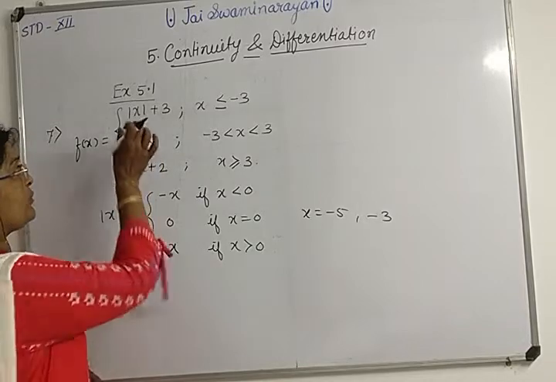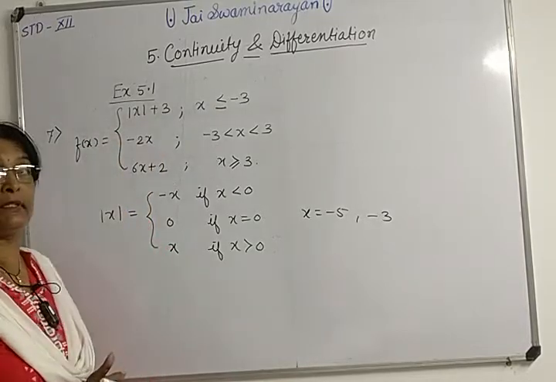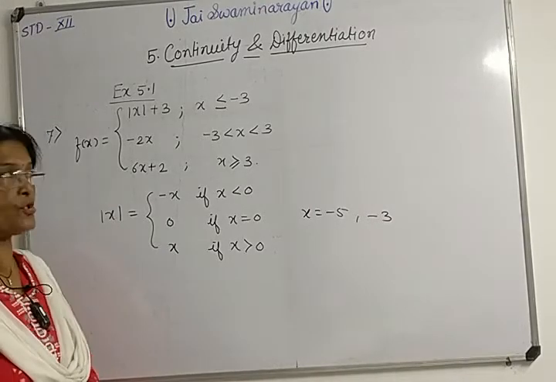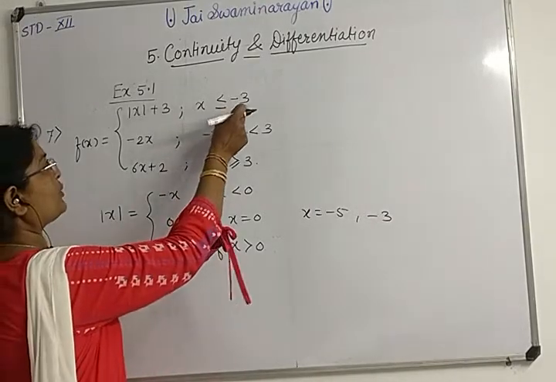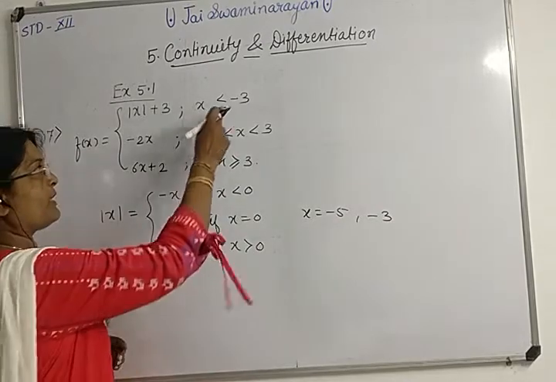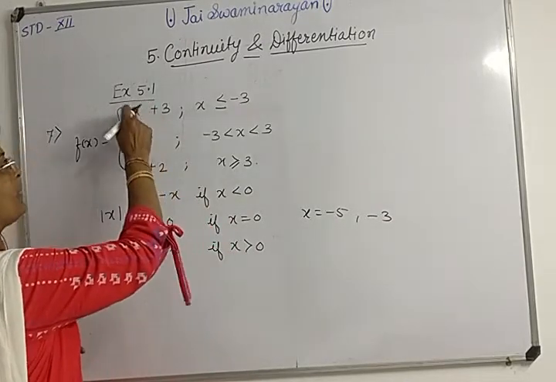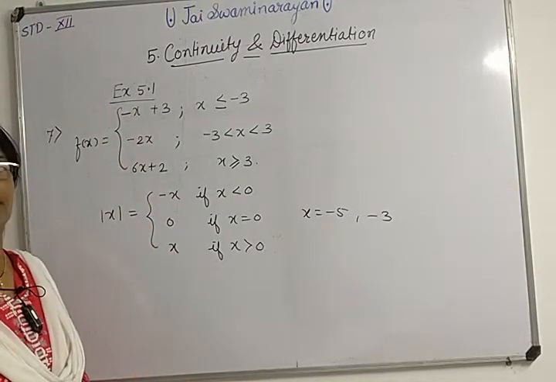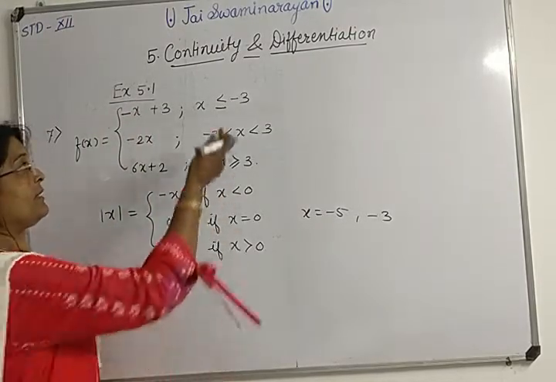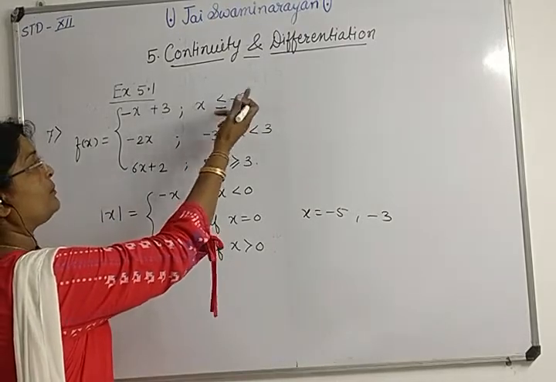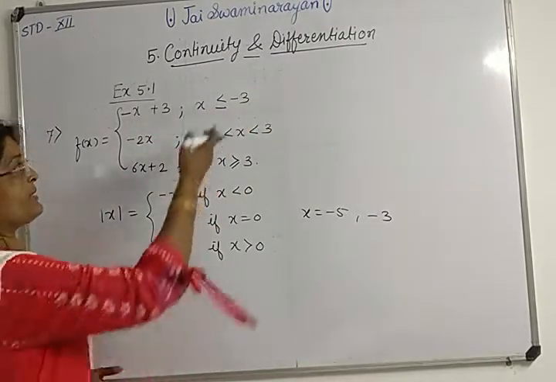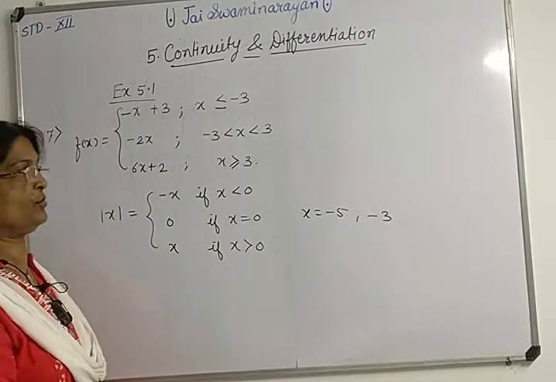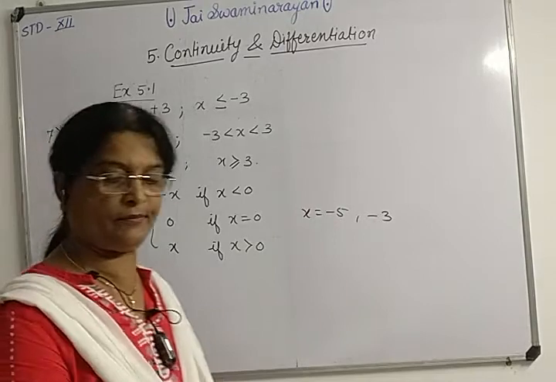So if we remove this mod, the answer will be -x. So for less than or equal to -3 we can write this mod as -x plus 3, because it is less than or equal to -3. For greater than -3 and less than 3 we can write -x. Now we will check its continuity.